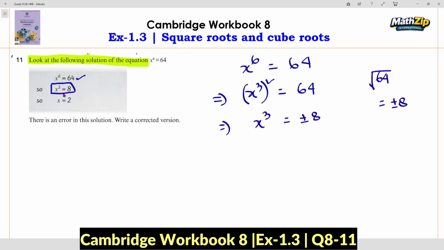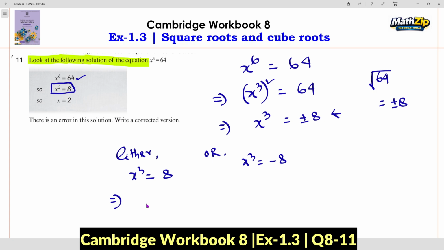This is the big problem. Here x cube equals 8, but it should be x cube equals plus minus 8. So either x cube equals 8, or x cube equals minus 8.